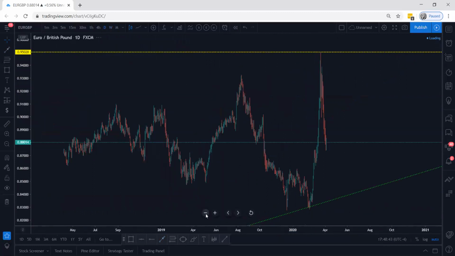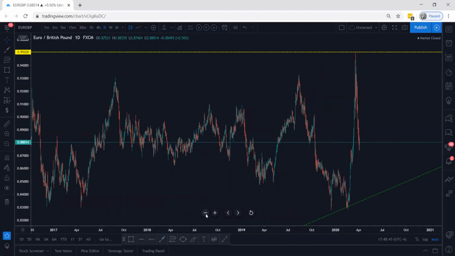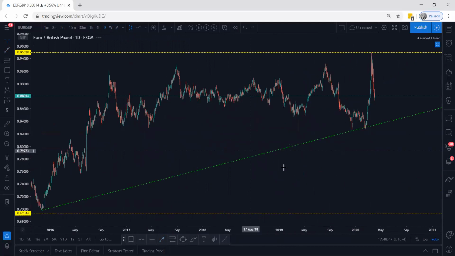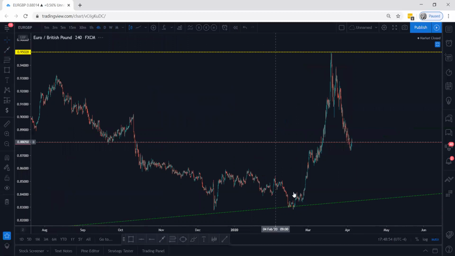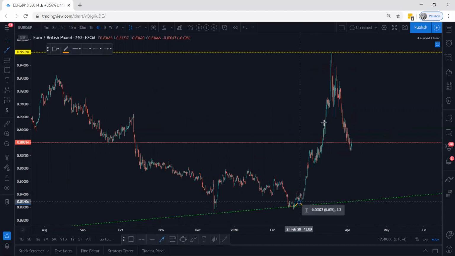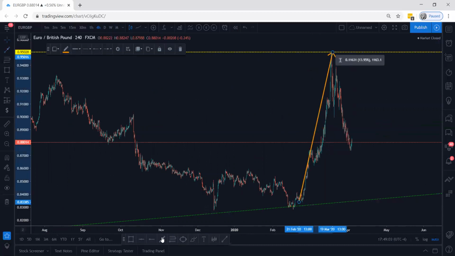On my daily, I'm not personally going to tighten in price. On my 4-hour, again, I have an impulse.